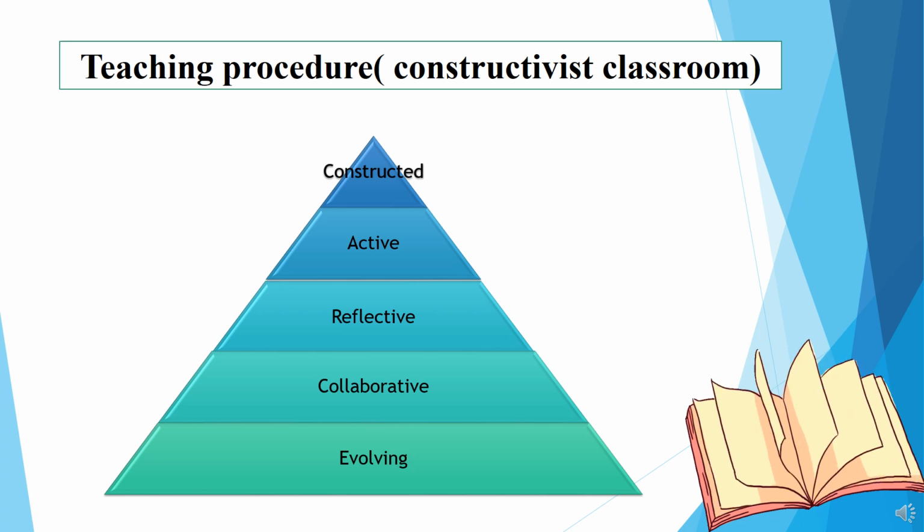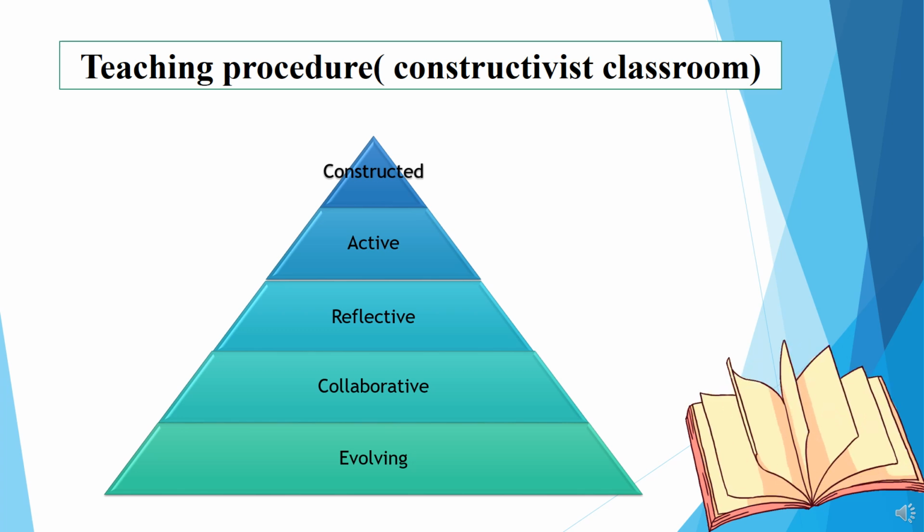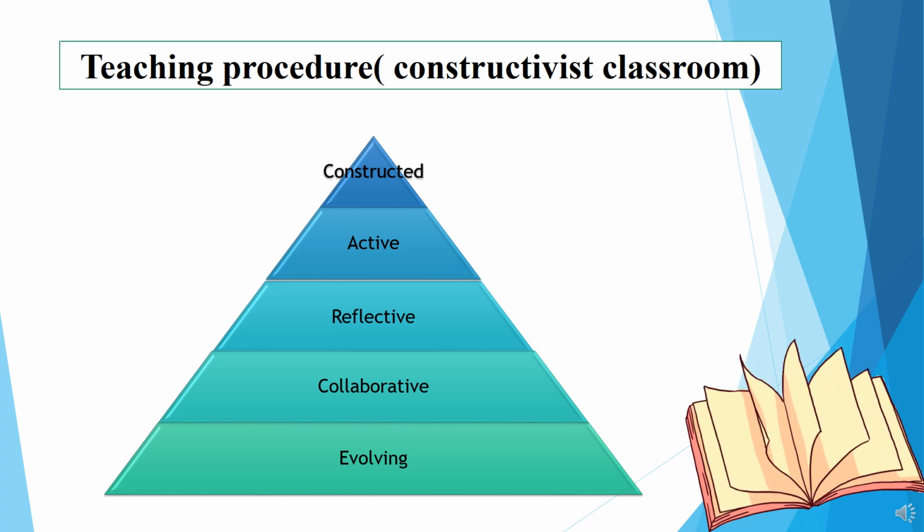Self-assessment is encouraged, and students are encouraged to reflect on what they learned. Learning is active. It is learning by doing and performing tasks, so students are active participants. Learning is constructed because students' prior knowledge serves as the foundation for the new knowledge they will generate.